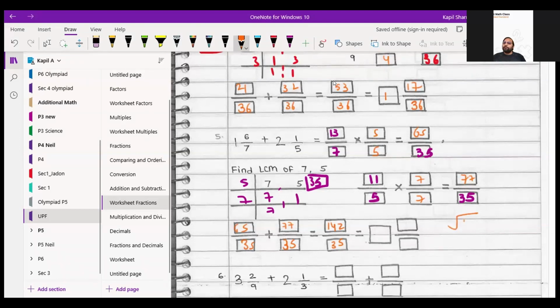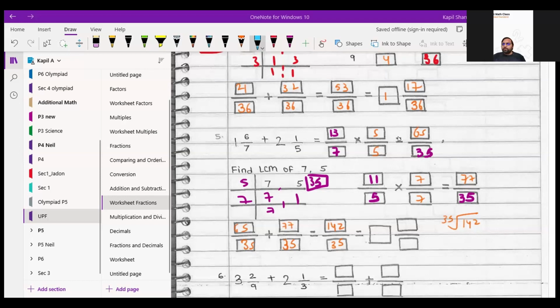So you need to divide 142 by 35. Yes, Parth, Swastik. Yes, guys, what happened?